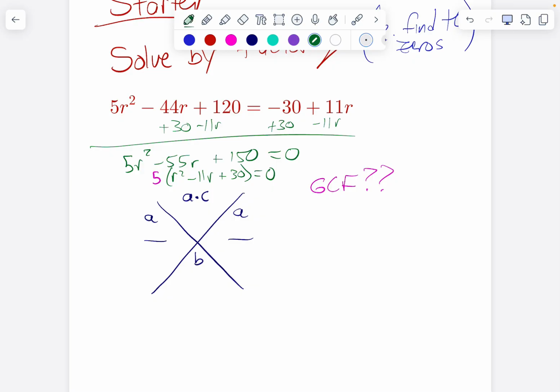So what is a times c? 30. What is b? Negative 11. A is 1 inside. So we're looking for numbers that multiply to 30 and add to negative 11.